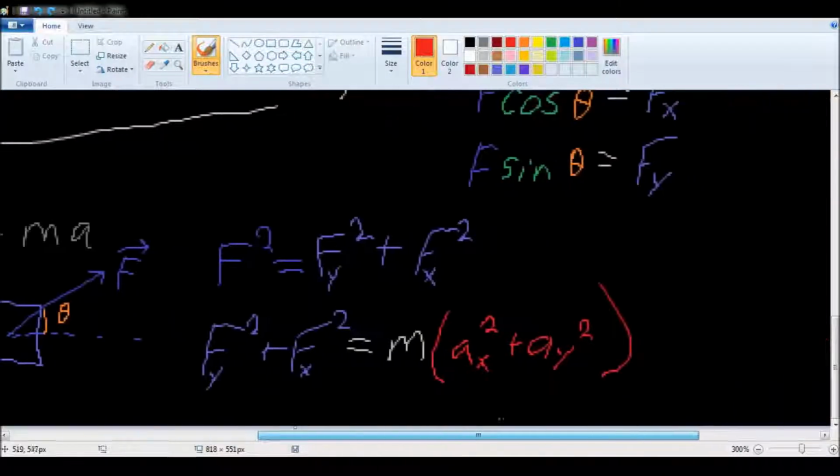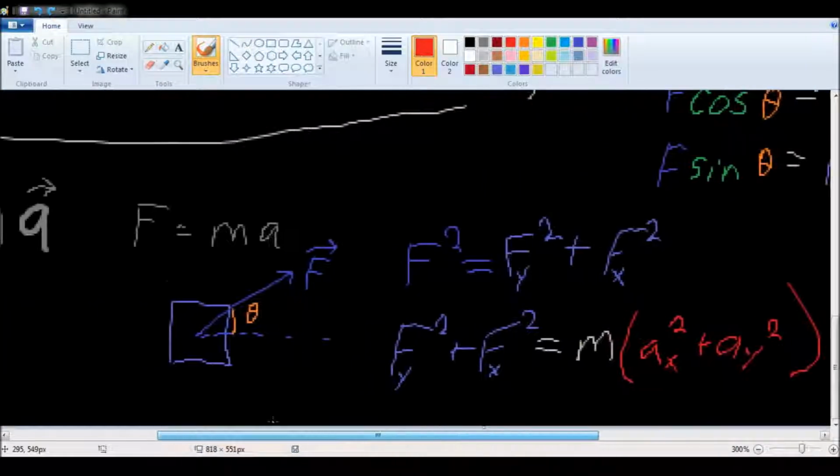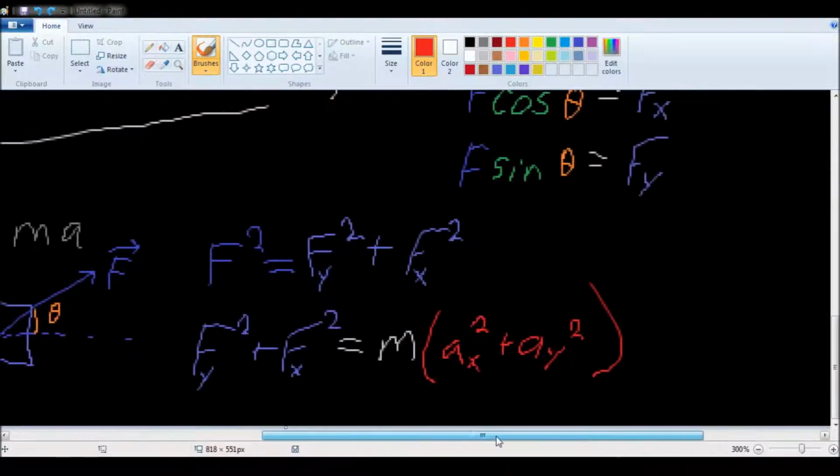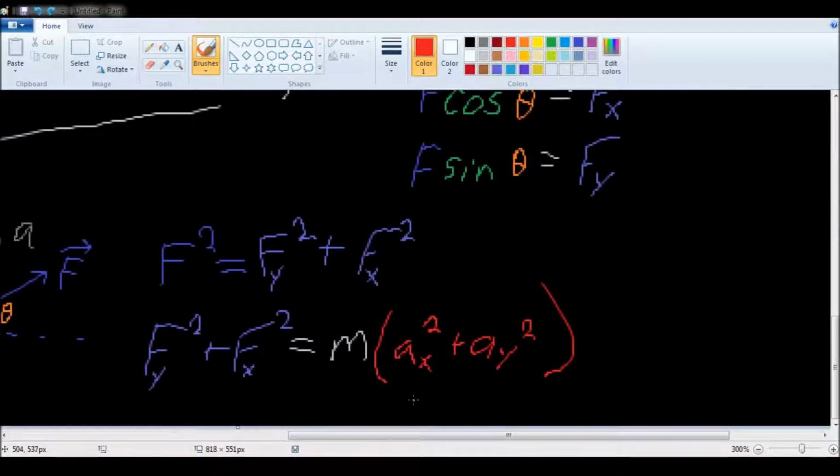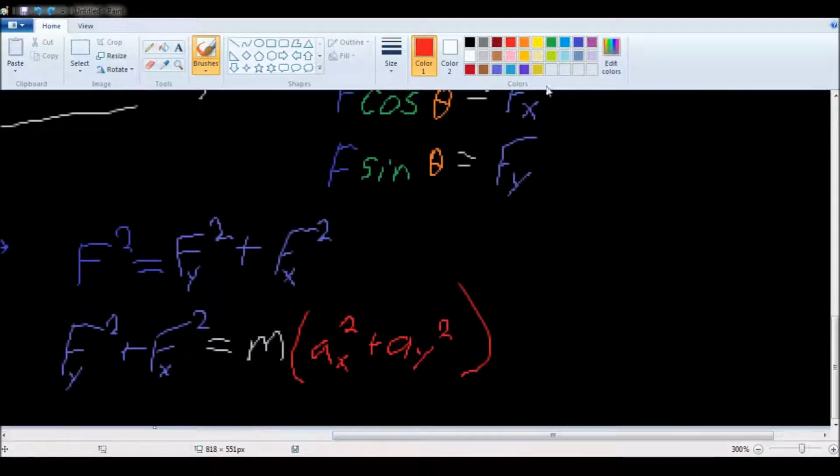Sometimes you'll have your vertical acceleration, which is your a y, and your horizontal acceleration, which is your a x, but you'll only know F. You won't necessarily know F y and F of x, or one or the other.